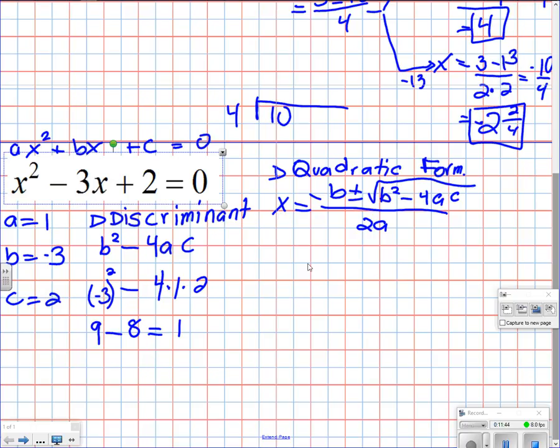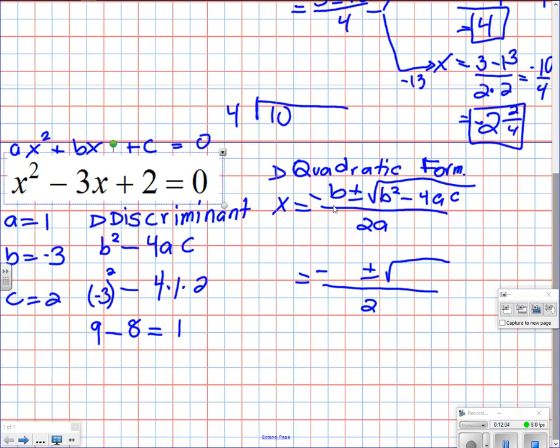So, like before, I'm gonna put in negative, then plus or minus square root, and then all over 2 times. The reason why I write that first, that never changes. What changes are the a, b, and c value.